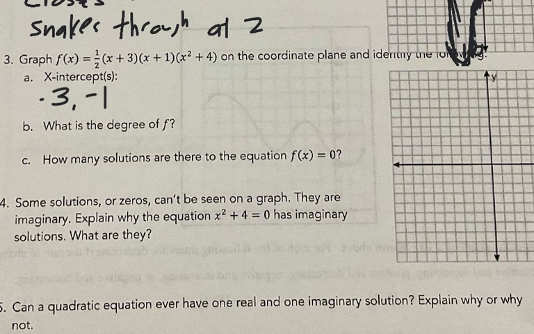So we know that we should have x-intercepts at negative 3 and negative 1. What's the degree? 3. I don't know. It's 4. It's 4.